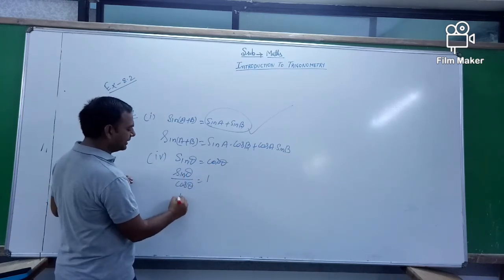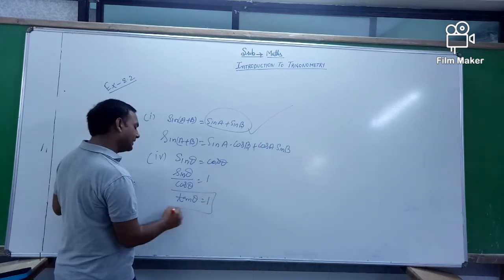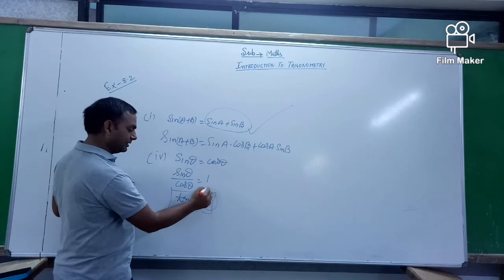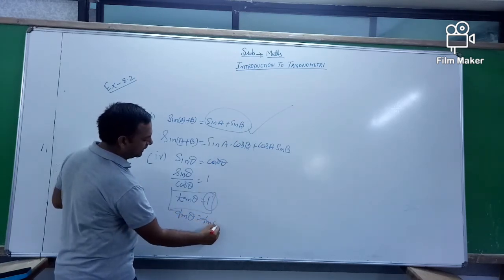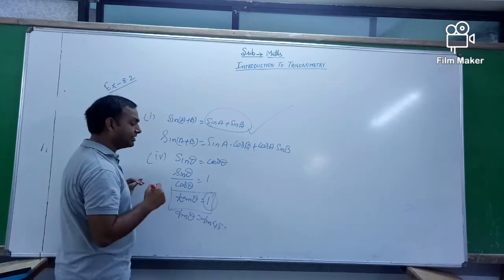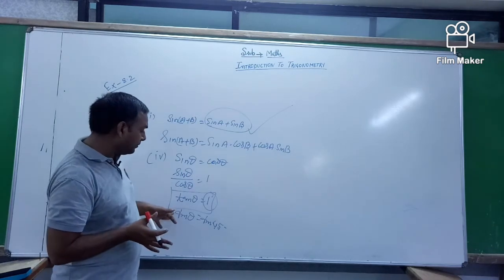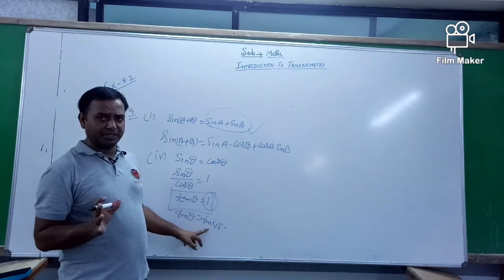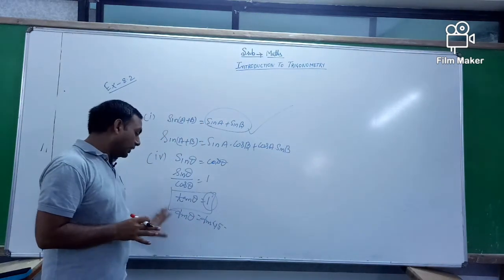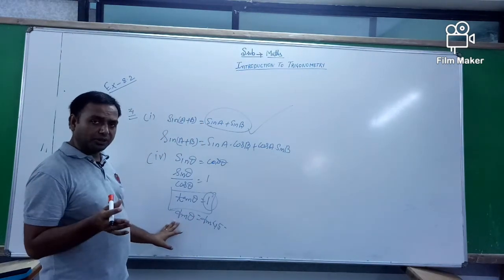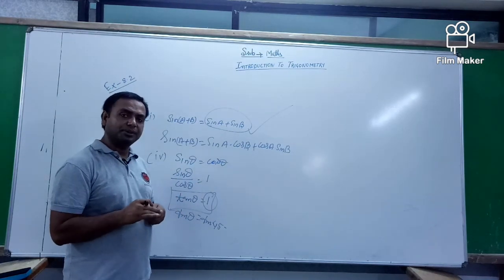Sin theta upon cos theta is equal to tan theta, so tan theta is 1, and tan theta is equal to tan 45 degrees. So sin theta is equal to cos theta only if theta is 45 degrees. Only in that situation is sin theta equal to cos theta; in other situations it is not possible, so that statement is also false.